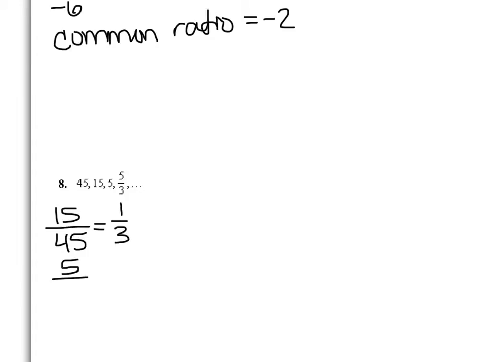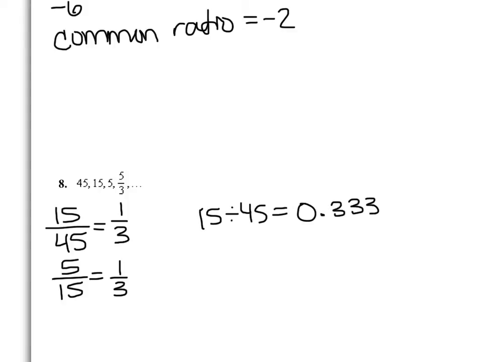If I did 5 over 15, that would also give me 1/3. If in your calculator you did 15 divided by 45, then your calculator would come up 0.033333, and you would just need to know, press that arrow button, and that would then pop up 1/3 in your calculator. All right, so my common ratio here is 1/3.